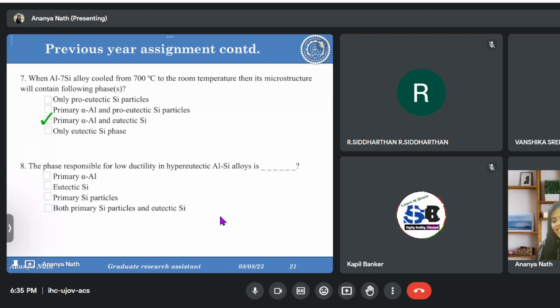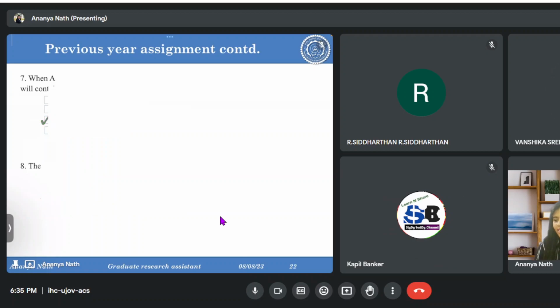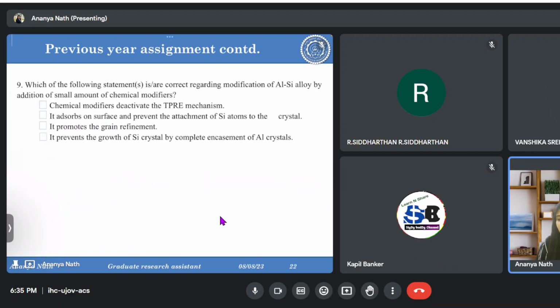Is it alpha? He said primary silicon. It's due to the primary silicon particles. Yes, that's it.